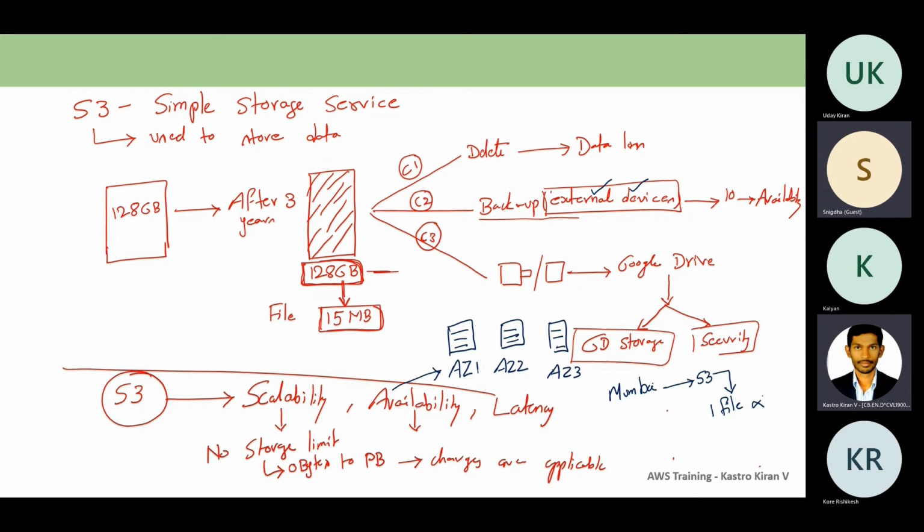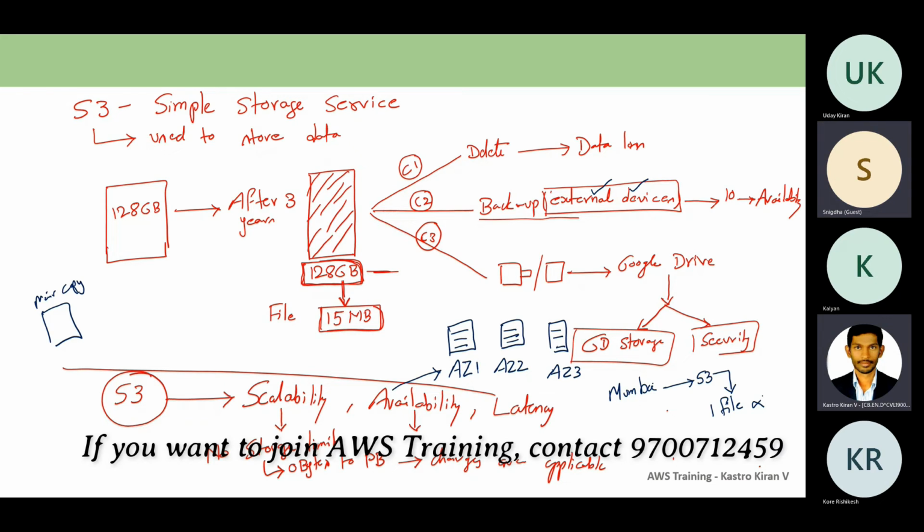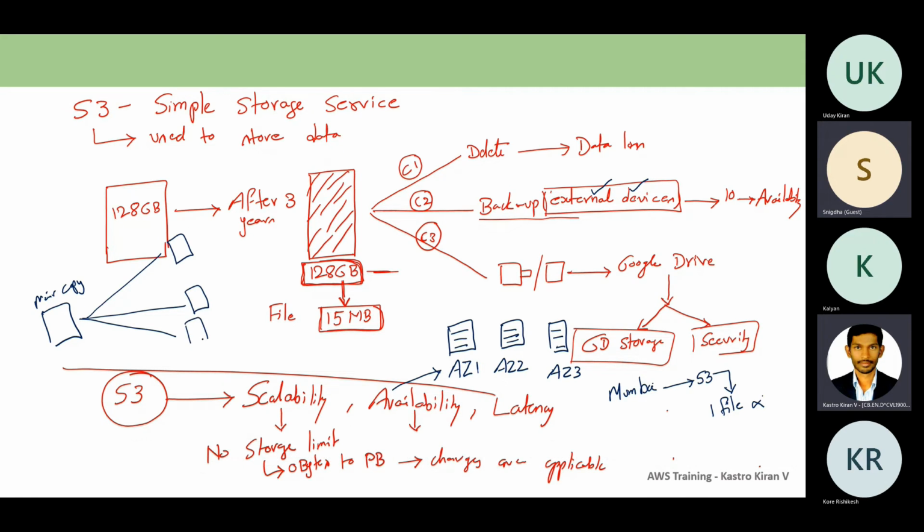To avoid this case, what AWS does is, every time you upload a file into an S3 bucket, let's say this is the main copy of your uploaded file. AWS will store a copy in all the availability zones. Technically, you cannot see this with your eye.